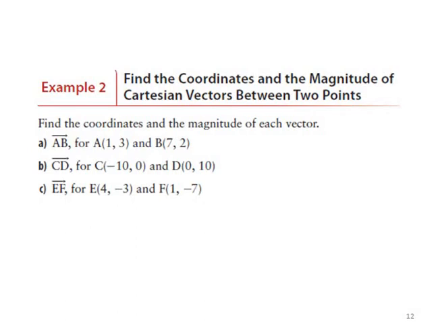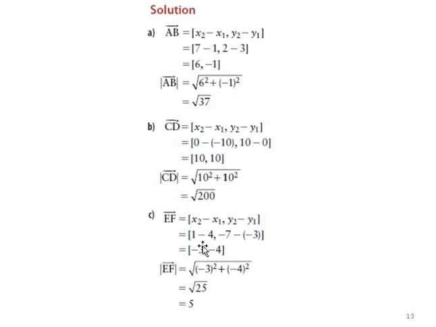Part C, we have EF. E is (4, -3), and F is (1, -7). EF is going to be 1 minus 4 and negative 7 minus negative 3. So 1 minus 4 is negative 3. Negative 7 minus negative 3 is going to be negative 4. So the magnitude of EF will be the square root of negative 3 squared plus negative 4 squared. So that will be 9 plus 16, that will be 25. And the square root of 25 is 5.